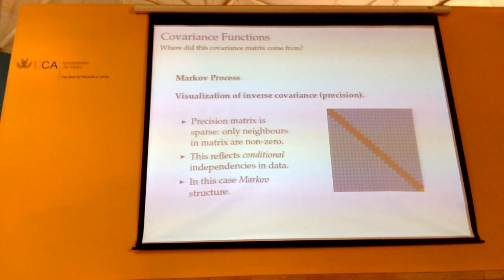One of those ways is to specify the conditional independencies. So you have a graph here, and your diagonal is always going to have something in it, because this has to be positive definite. And you say this variable is related to this one to this one, and so on. What you mean by this is they're conditionally independent. What you're saying is you've got some form of graph structure, perhaps like this.